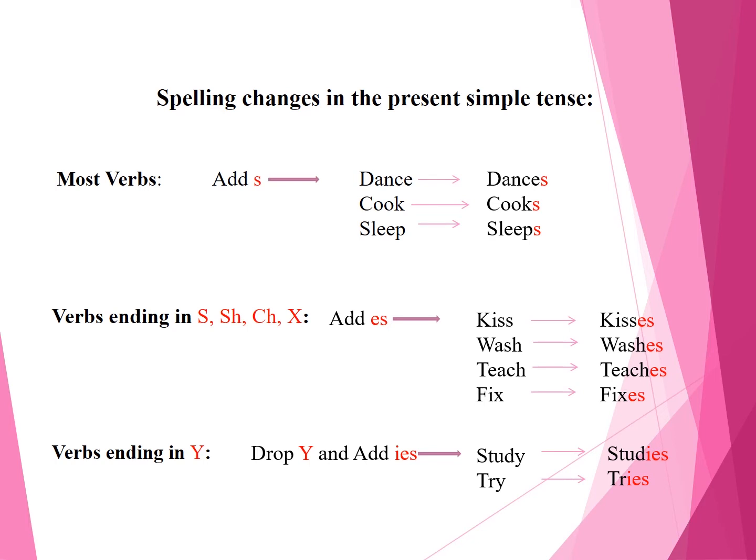When verbs end in s, sh, ch, x, you should add es at the end of verbs instead of s. For example, kiss, kisses, wash, washes, teach, teaches, fix, fixes.